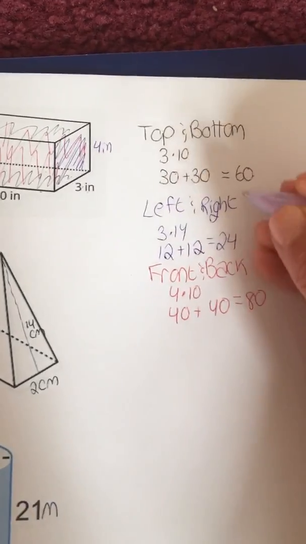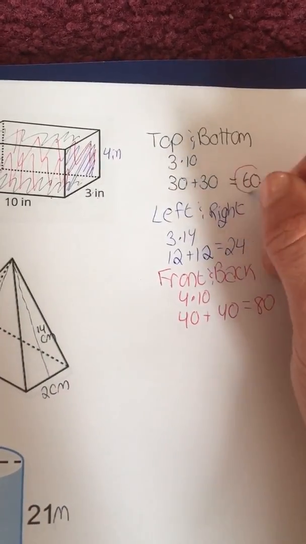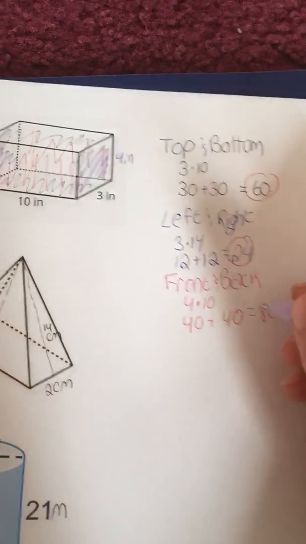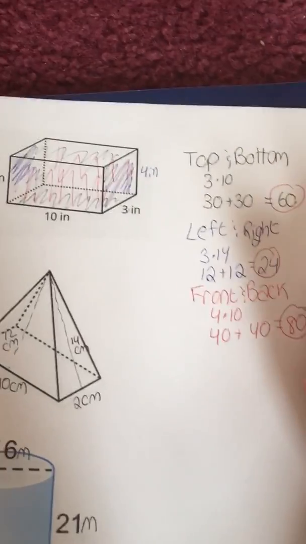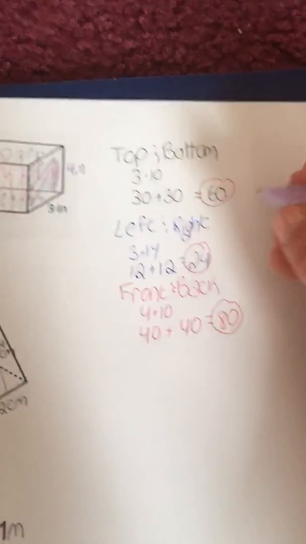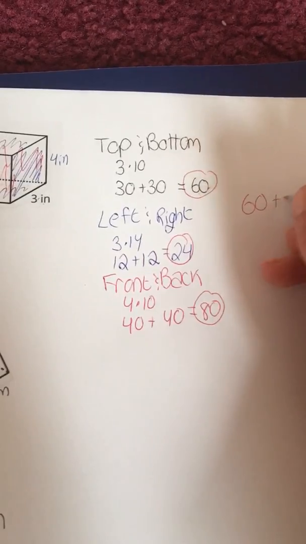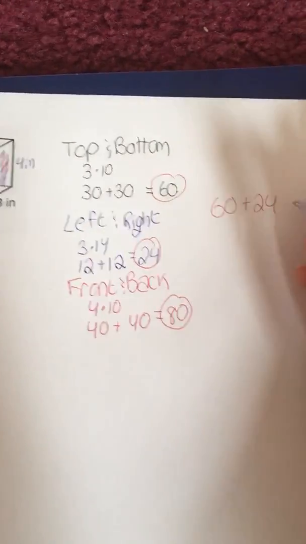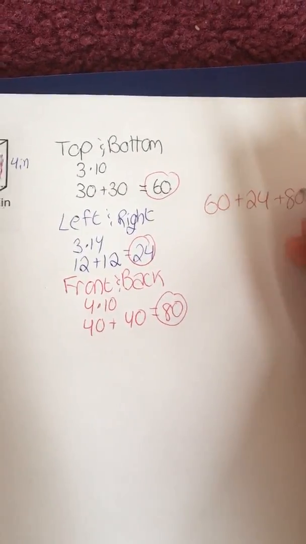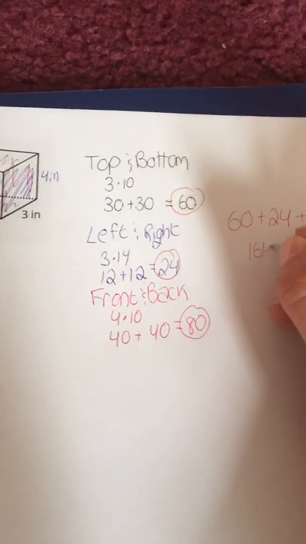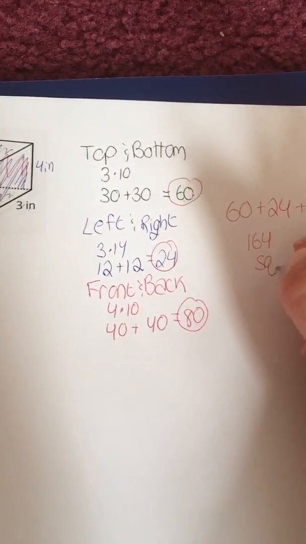And then you take all these three numbers from the top and bottom, left and right, front and back. Those are all the surfaces on the figure, and you just add them together. So 60 plus 24 is 84, plus another 80 gives you a total of 164 square inches for the surface area.